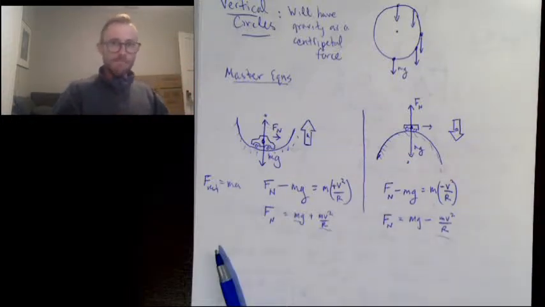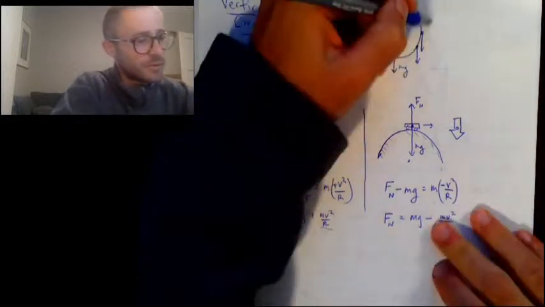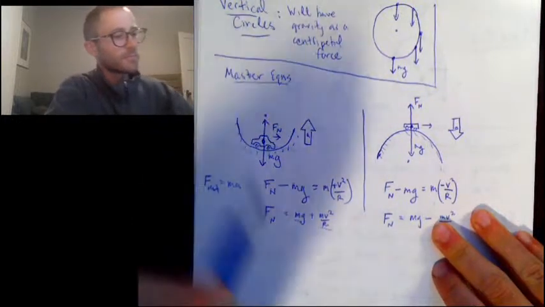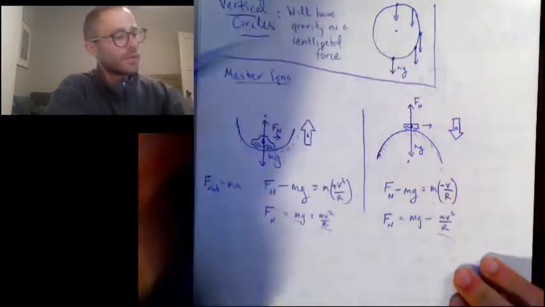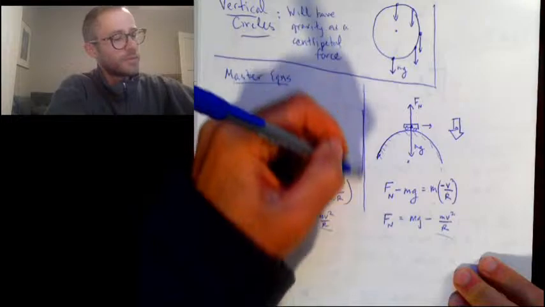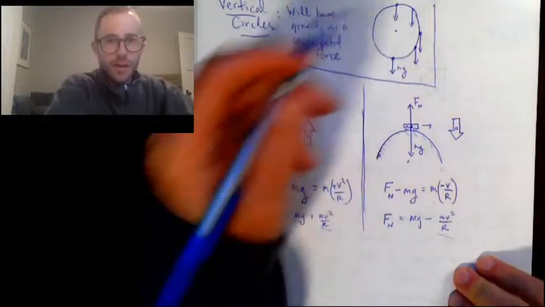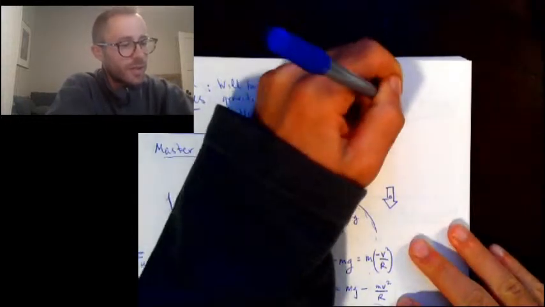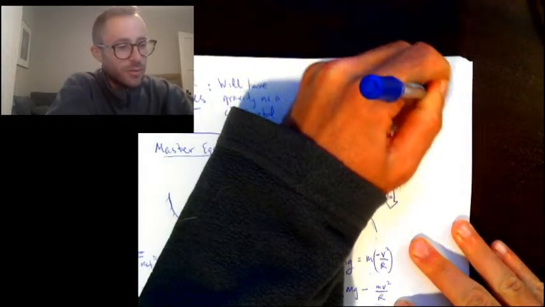Okay? There's a third scenario that I want to talk about, which is what if you were doing something like a skateboarder? You can imagine a skateboarder doing a loop-de-loop.